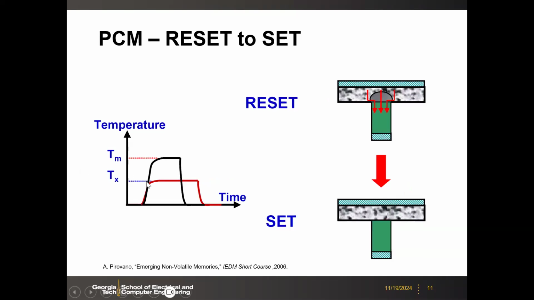So to set, let's say recrystallize, you have to apply a lower temperature profile but give a longer time for the atoms to move back to the preferred location, which is this ordered crystalline phase. Okay.